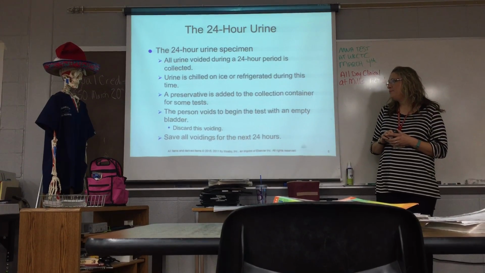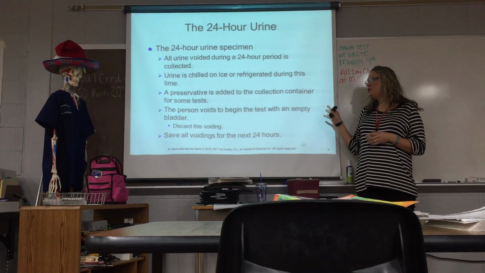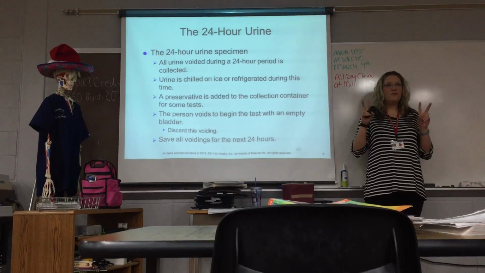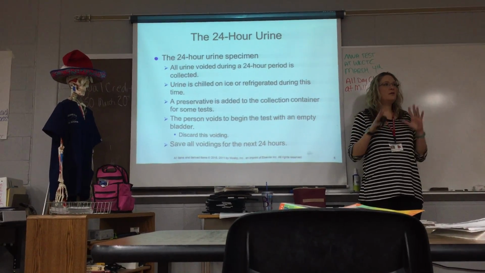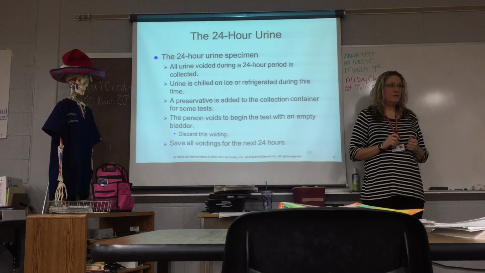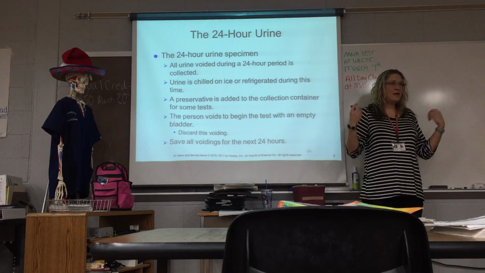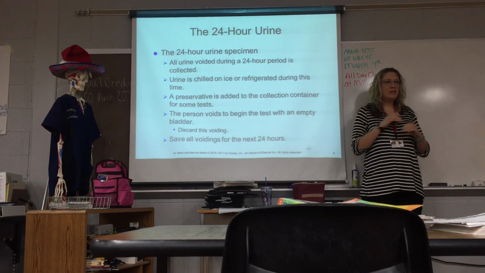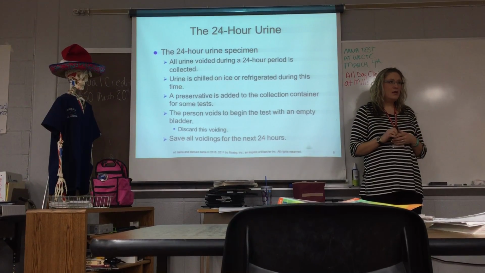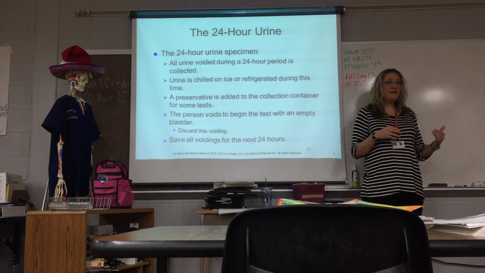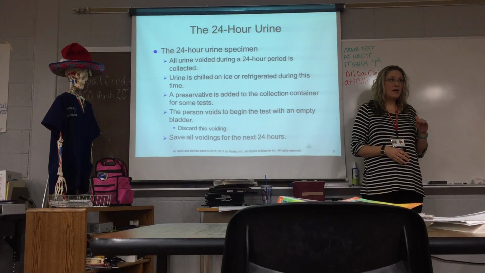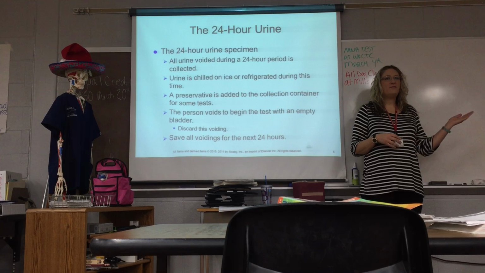Now, when you actually start the 24-hour period is after they pee. You let them pee, then the clock starts, because that cleans out their system and gets them started. So you don't put that first pee in the jug. We're only going to start the clock after they get finished.